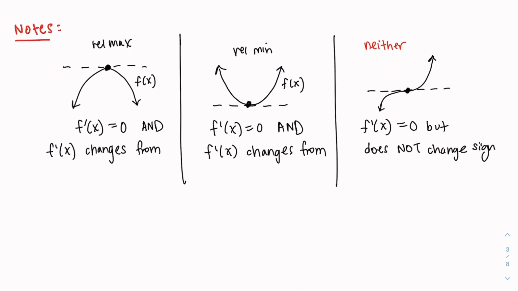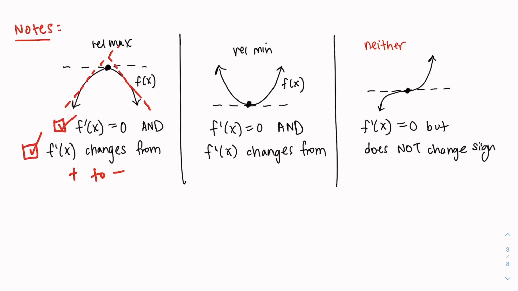In the case of a relative maximum, I'm looking on the left, not only do you need to check the box of having a horizontal tangent line, but also your derivative should change from being positive to then being negative. That indicates that your graph was increasing and then decreasing. So f prime has to also change from positive to negative in order to have a relative max.